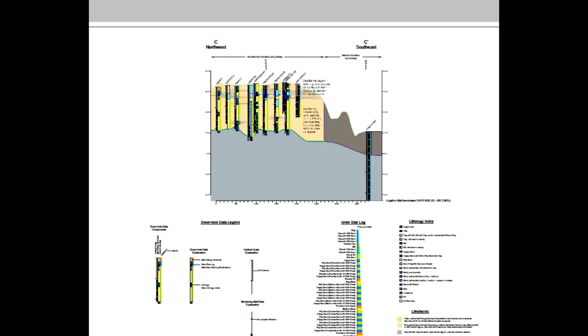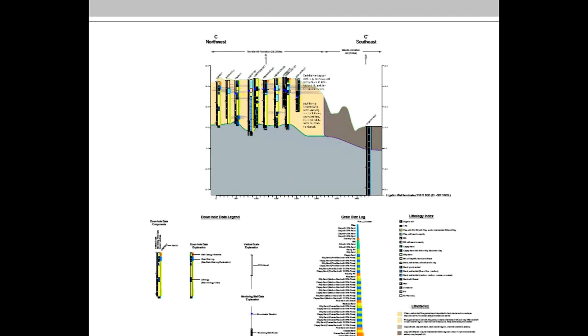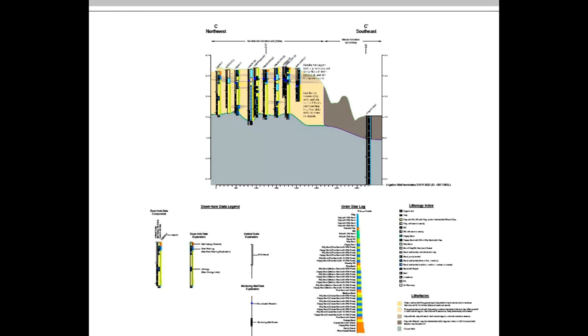This might be a storage zone here in the clays. This might be more of a transmitting zone with some storage zones in these interbeds. Still, it probably isn't much of a water supply aquifer. Anyway, I think I'll move on.